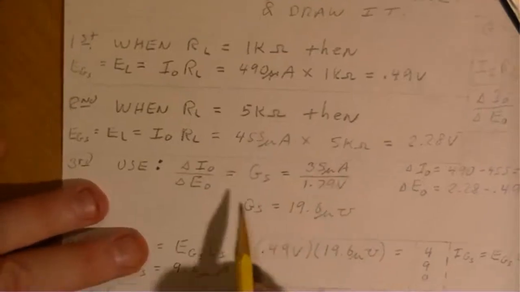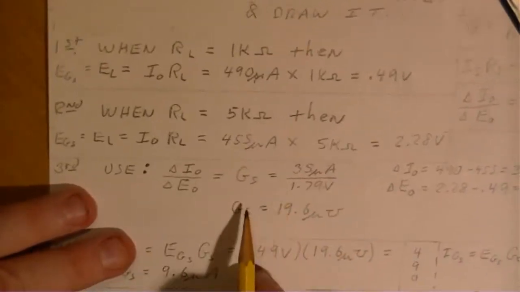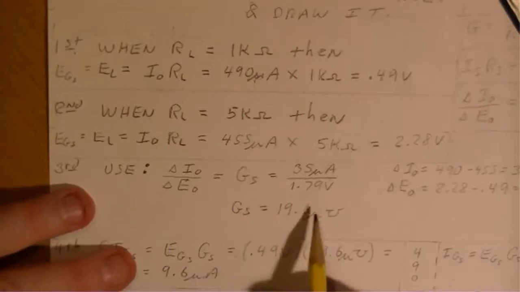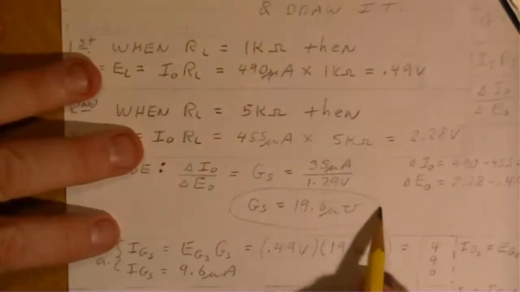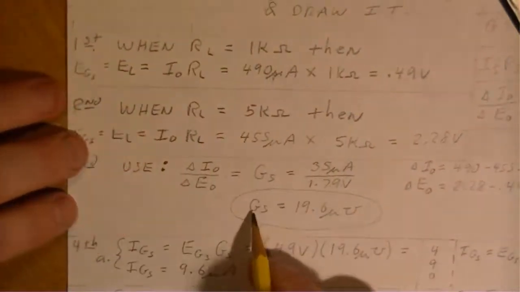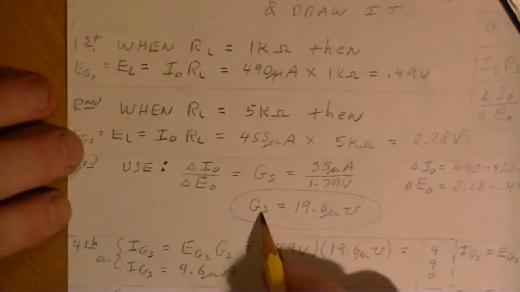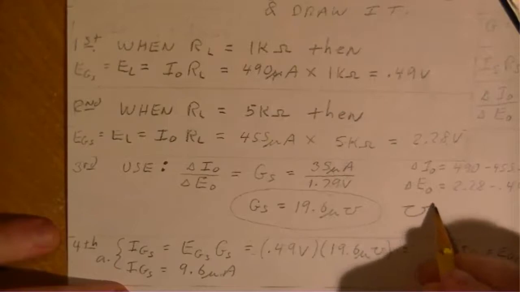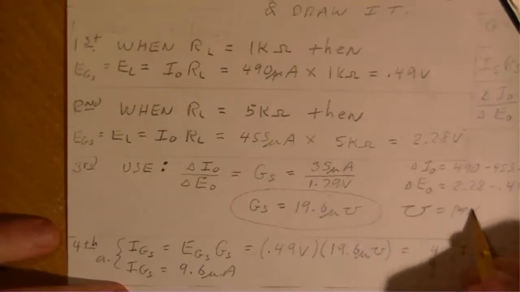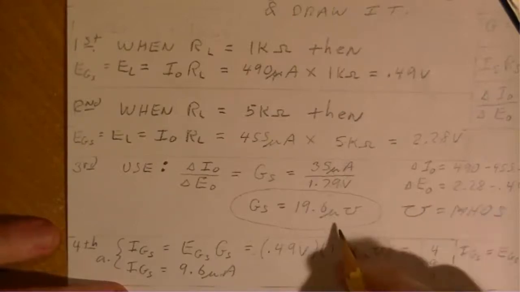Here's the formula. You take the difference in the current, divide that by the difference in the voltage, and here you go. Once you know it, it's very simple. Here is the duality of the resistance, which is called conductance, and it's in mhos, as you can see. Mho is ohm spelled backwards, and its symbol is S, siemens.